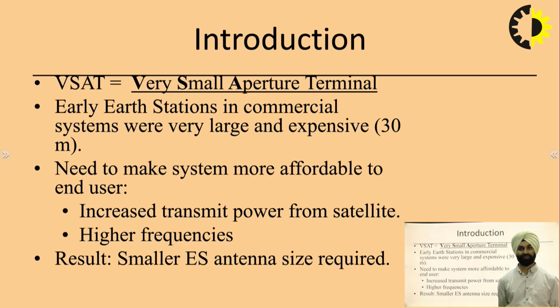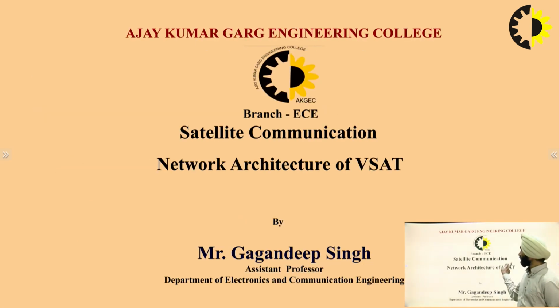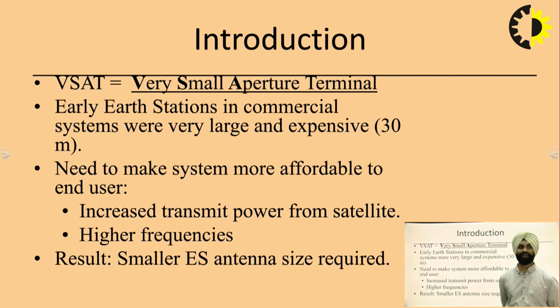So VSAT, we have discussed, is a very small aperture terminal, which usually has a size lesser than 30 meters. If the antenna size or terminal size of the earth station is lesser than 30 meters, it is called a very small aperture antenna.